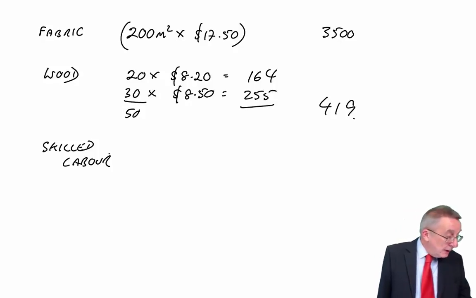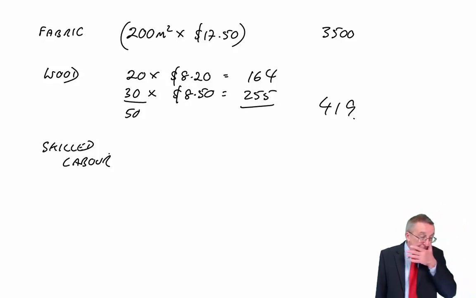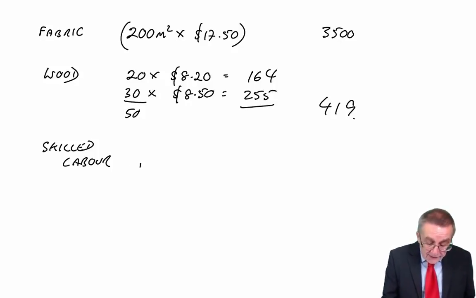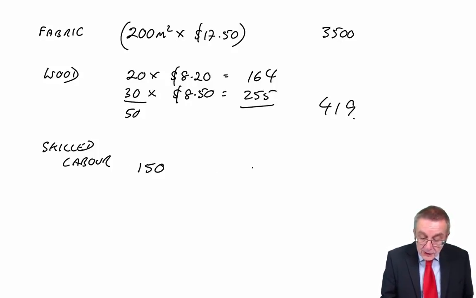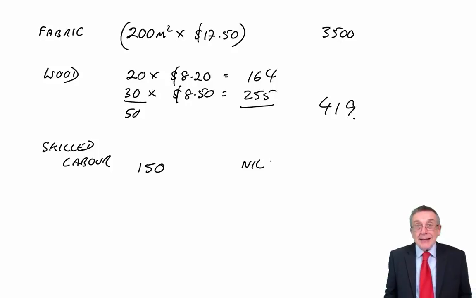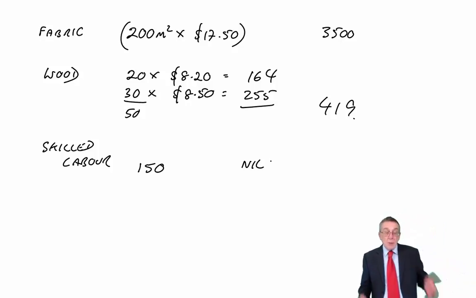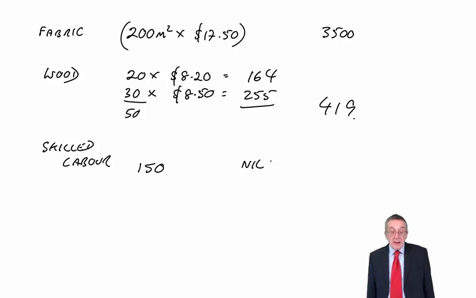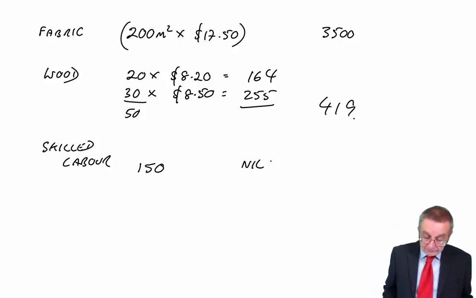And so, how many hours do we need? We need 200. For 150 of them, it's not actually going to cost us anything because they're idle. We're going to be paying them for those 150 hours, whatever happens, whether we leave them doing nothing or whether we do this contract. There's no extra cost. Irrelevant.